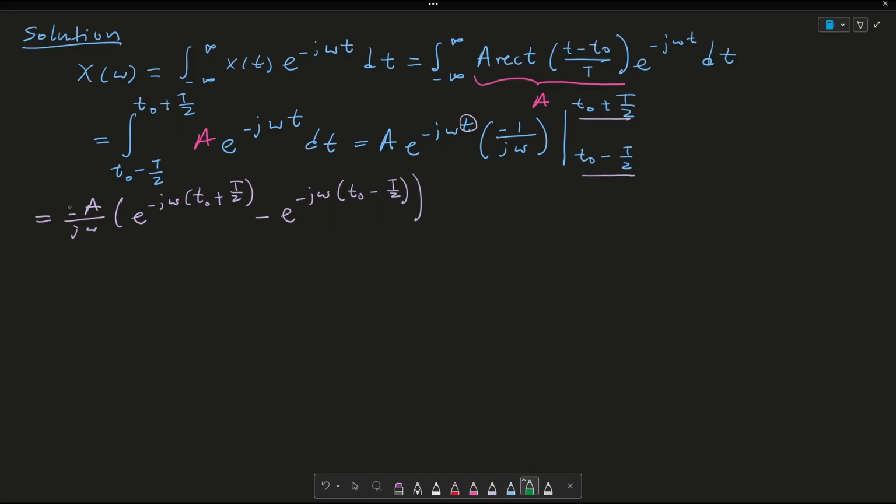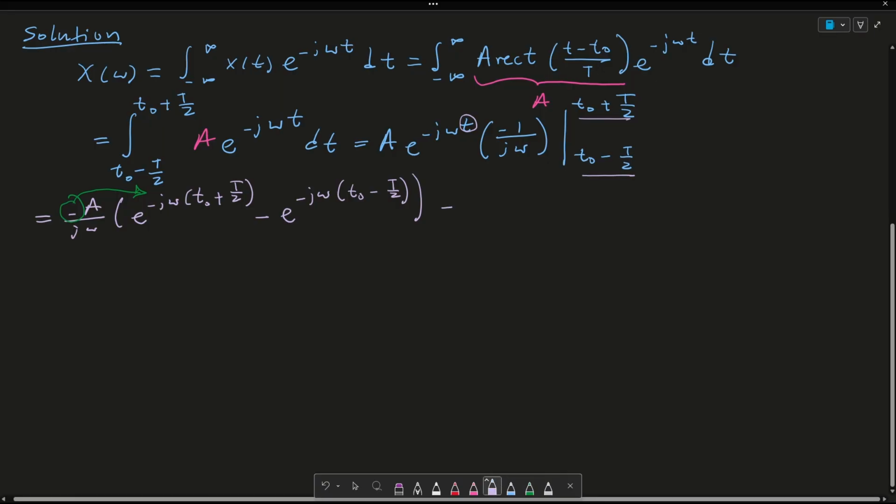If I then distribute this negative sign into my parentheses, I get that this is equated to A over j omega times e to the minus j omega (t naught minus T over 2) minus e to the minus j omega (t naught plus T over 2).